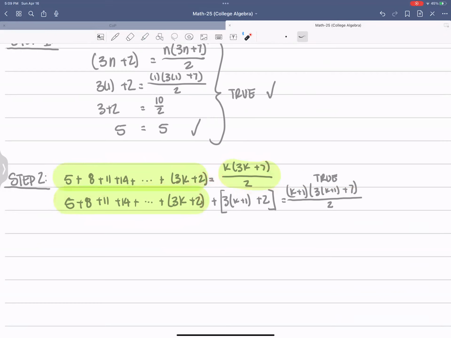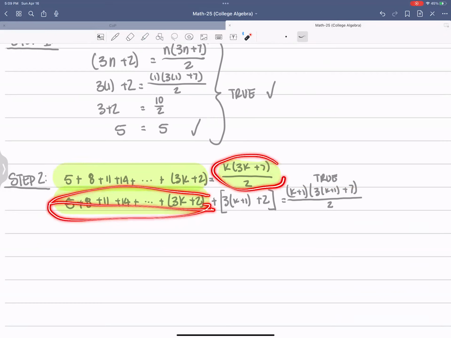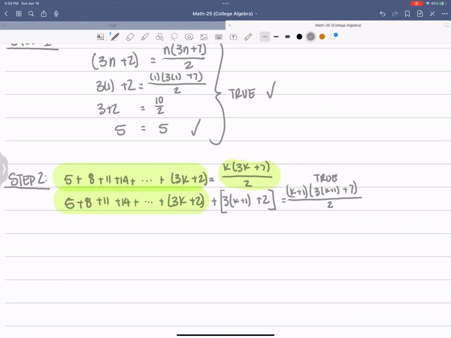What I want to do is, instead of writing this here, I'm going to write this because it's a lot easier to work with. We already have this equivalence. We've already established that those two are equivalent to each other. So we're going to replace all of that with that one.